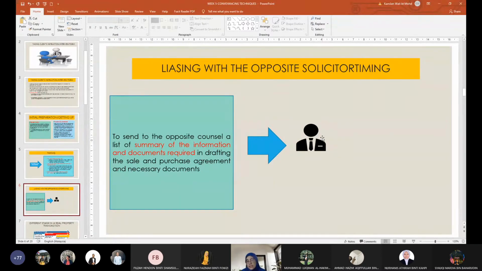Then you have to liaise with the opposite solicitor, if the vendor or the other party has a solicitor, to get a list or summary of the information and documents required for you to draft the agreement or do the necessary. For example, when your client the purchaser comes, he says, I don't have a copy of the vendor's IC. So as a lawyer, you have to liaise with the other party to obtain the information about the transaction in order to expedite the process of drafting and so on.